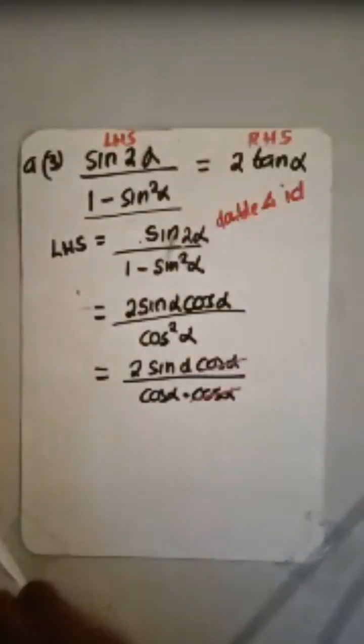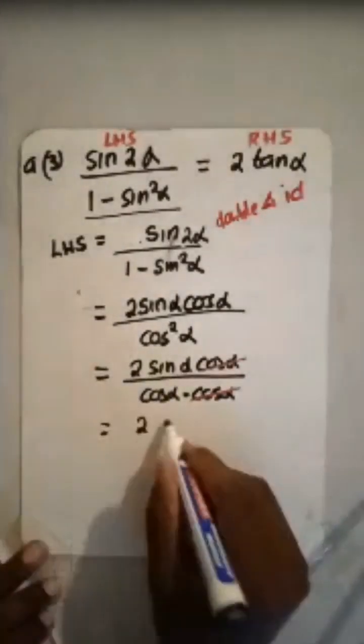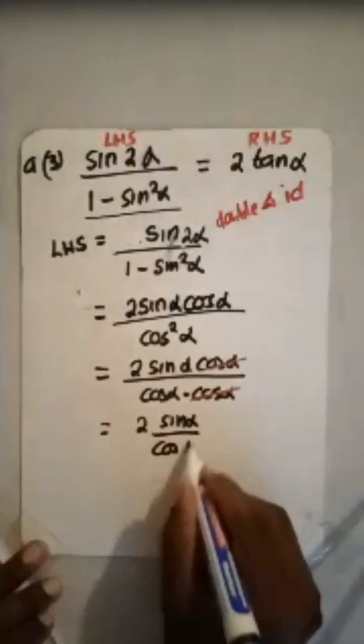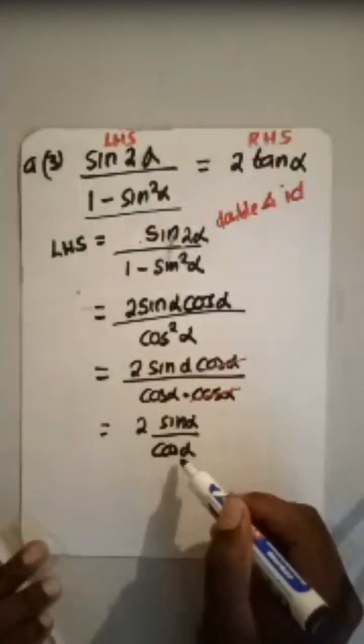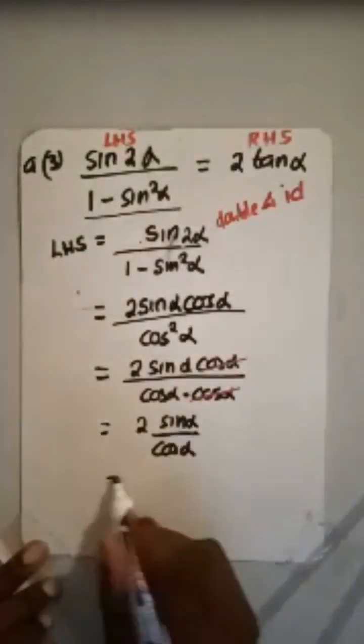What are we left with now? We are left with 2 sine alpha over cos alpha. And we know that sine alpha over cos alpha is the same as tan alpha. So this is 2 tan alpha.